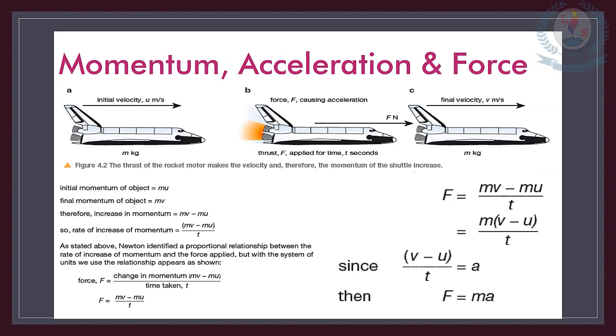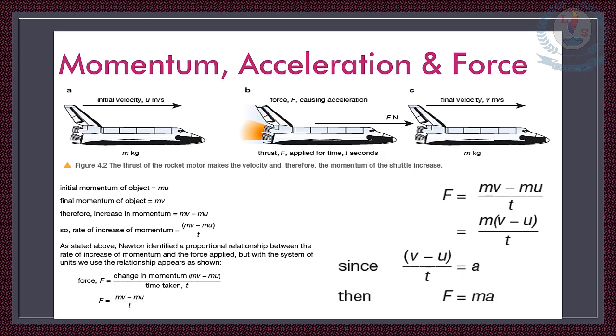Now we will look at the relationship between momentum, acceleration and force. The momentum of a moving object can be taken as the multiplication of the mass by its velocity. If we need to speed up this object, we have to apply a force that causes an acceleration.